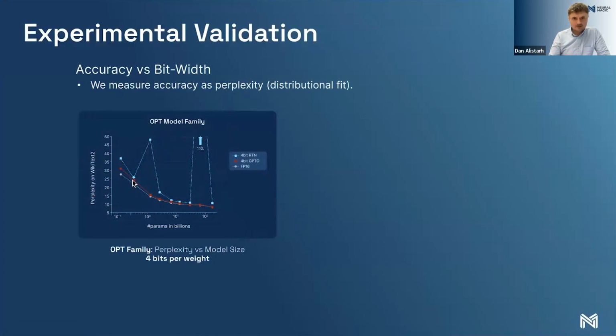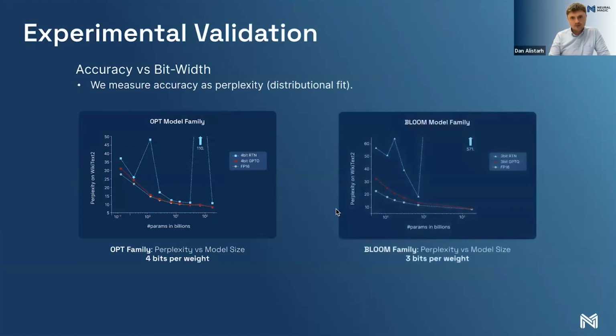However, we noticed that our method, which is called GPTQ, is able to closely track the FP16 performance. In particular, we have negligible compression loss for the very largest models, 66 billion and 175 billion. Depicted here, the same thing happens for the BLOOM model family, and in fact, we can go to 3-bit weights without very significant accuracy loss, okay?